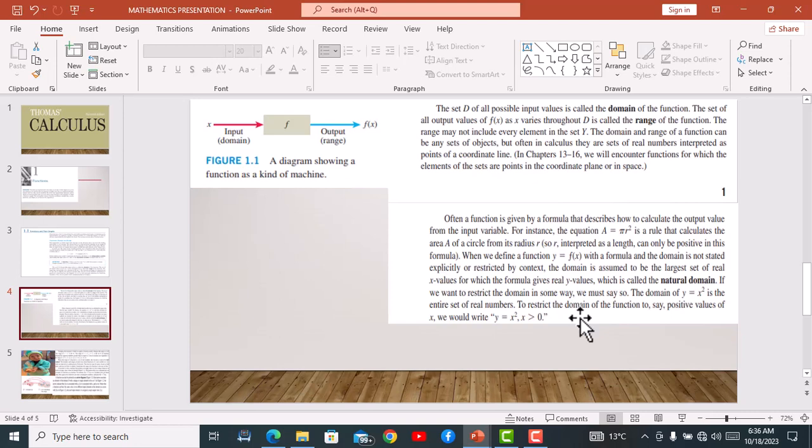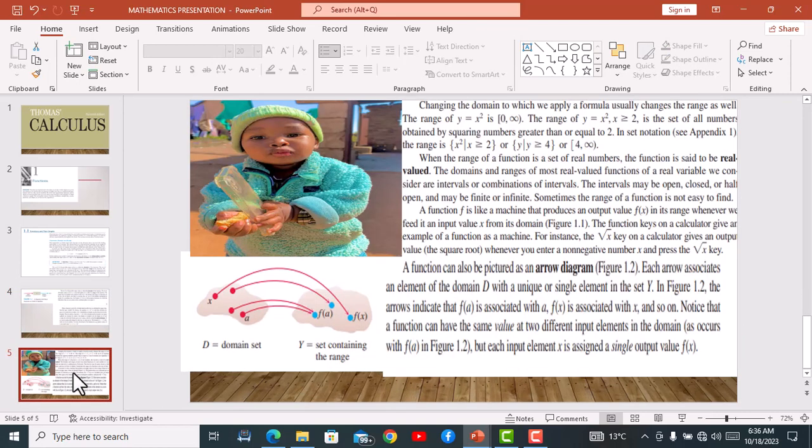To restrict the domain of the function to, say, positive values of x, we would write y equals x squared such that we only accept positive numbers as inputs. This is just us restricting what the input values should be, so that we have a certain functionality that corresponds to the values of y.